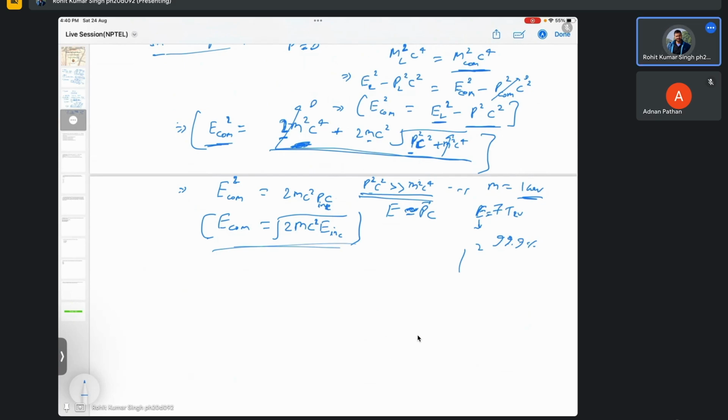If you are talking on a GeV scale, it's less than 1 GeV, so it's 0.97 GeV, and when you square it, it will become lesser again. That's why we are ignoring it.